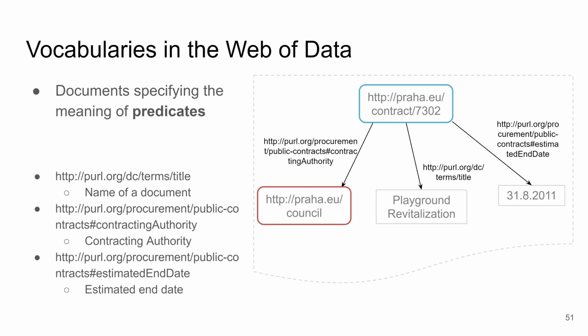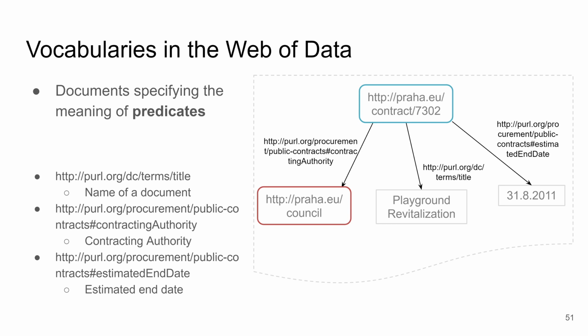And I mentioned that you can access that IRI to see the definition of what that predicate actually means. Well, these definitions of predicate meanings and their URIs, those definitions form vocabularies. So a vocabulary is a set of definitions of predicates, their meaning, and their identifiers in forms of URIs.